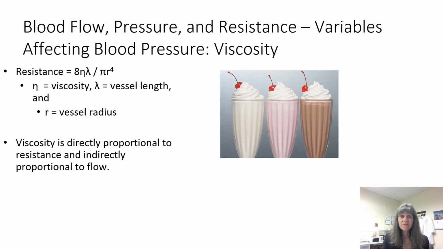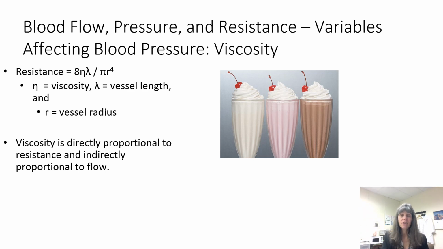So let's look at viscosity. There's Poiseuille's equation again, where R = 8ηL divided by πr⁴, r being the radius of the blood vessel. Remember that viscosity is directly proportional to resistance and inversely proportional to flow.